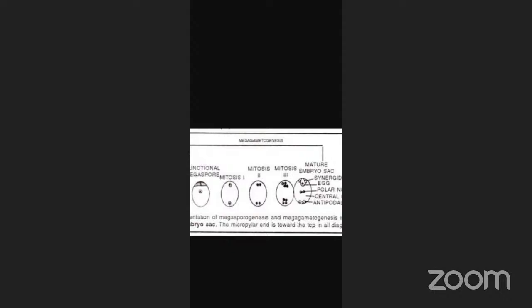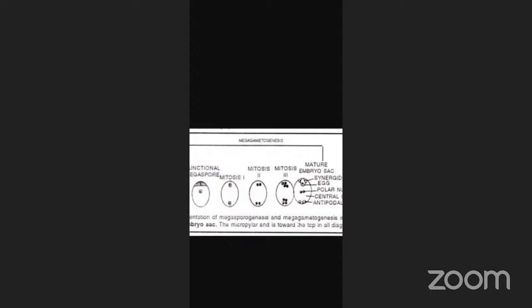Here the megaspore mother cell undergoes meiotic division first, resulting in the formation of a dyad. Of these two dyad cells, the chalazal becomes functional while the micropylar degenerates. So only the chalazal nucleus develops as a megaspore.